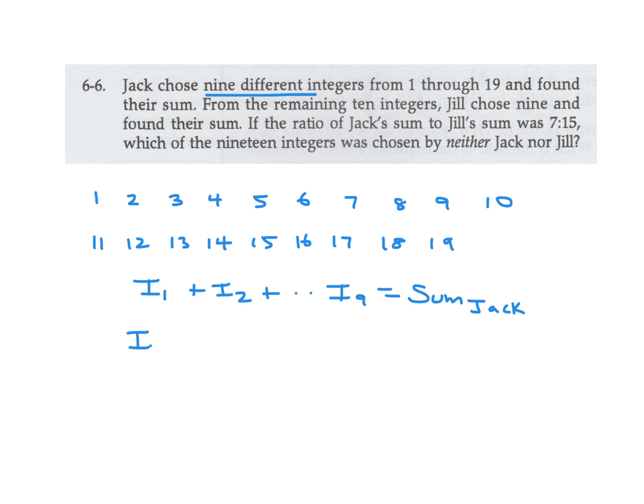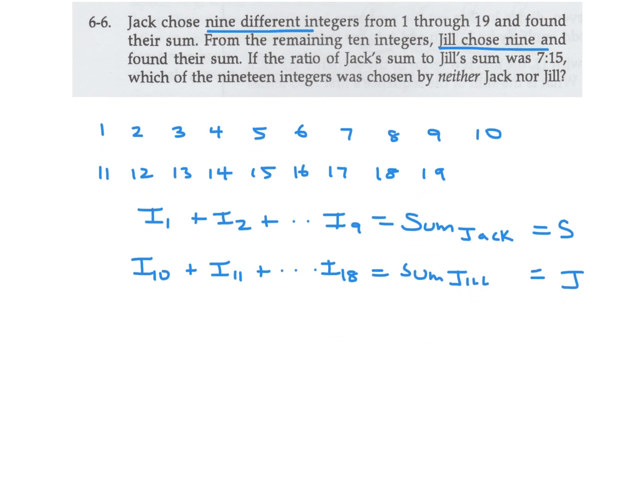And then how many for Jill? Jill chose 9 as well. So she's going to go integer 10, integer 11, all the way till integer 18, and that's going to be her sum. I'll call Jack's sum S, and I'll call Jill's sum J. It doesn't really matter what you call them.